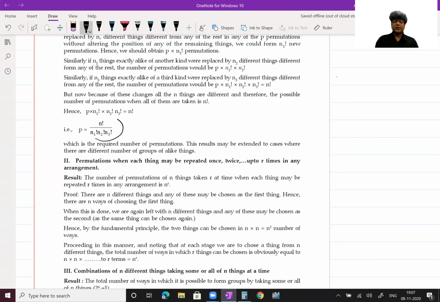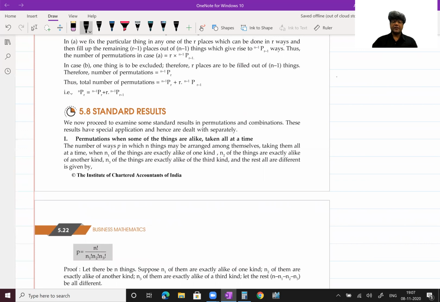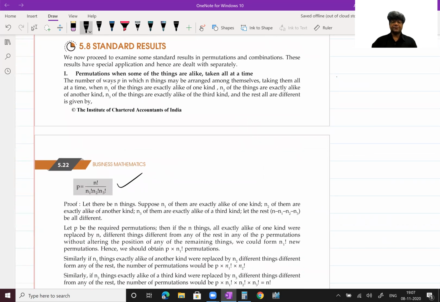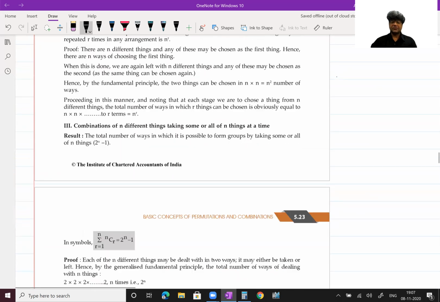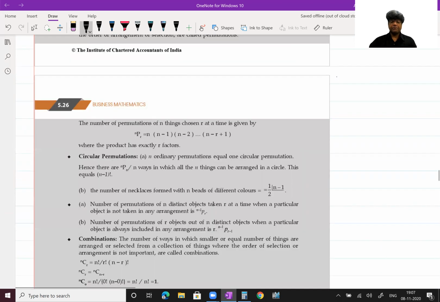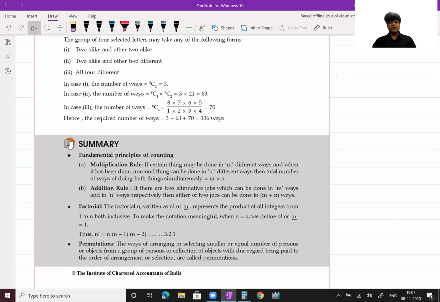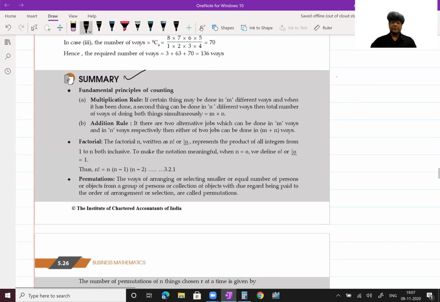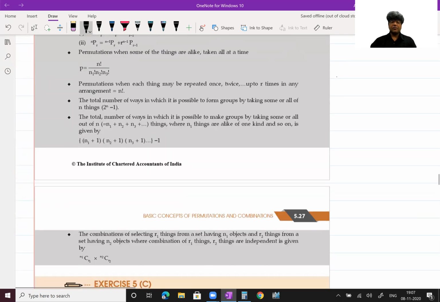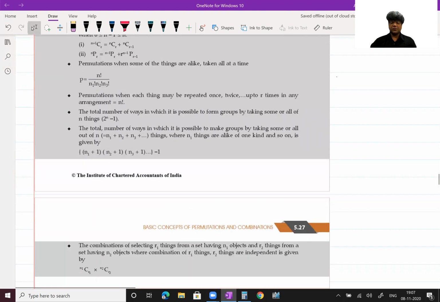This is the formula, guys, for identical things taken r at a time. Best method to revise the whole chapter is to go through this summary after seeing all these questions. All the formulas are there, almost.